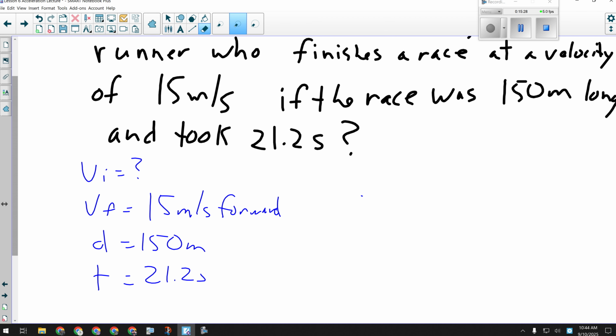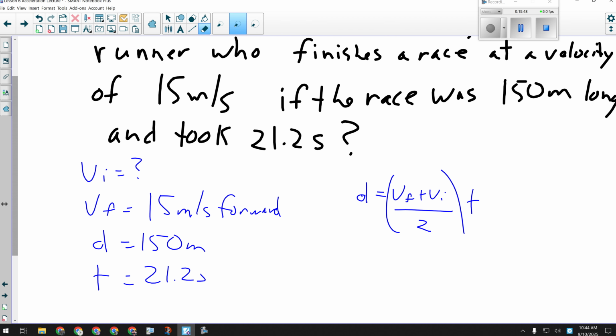Displacement. Displacement equals velocity final plus velocity initial divided by 2 times time. I've got to use that one that doesn't actually have acceleration in it. Now, it doesn't say in here that the acceleration was uniform. We're going to have to assume that. It's the only formula we have that has the stuff we have in it.